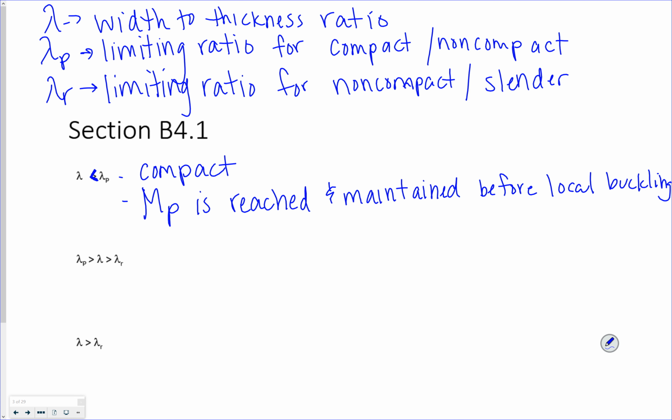So if I have a compact flange, my cross-section is going to reach the plastic moment. It's going to be a fully yielded cross-section before that flange buckles.